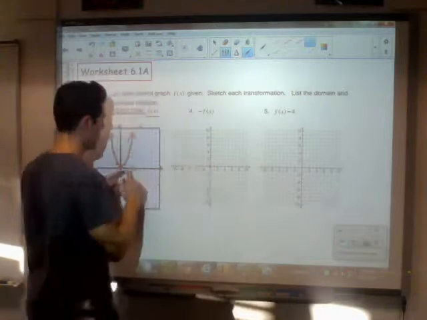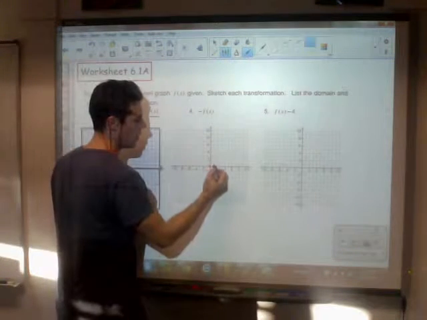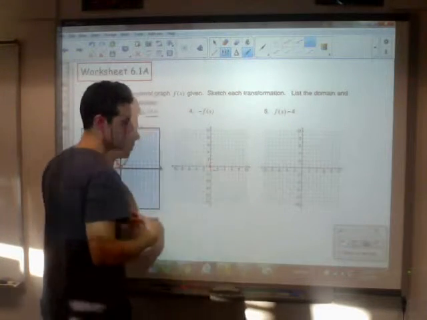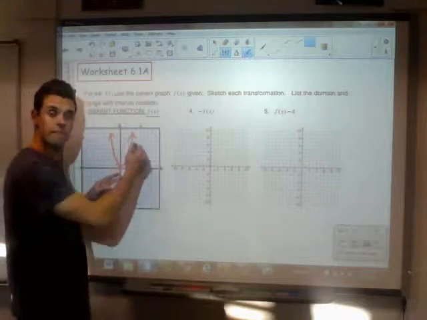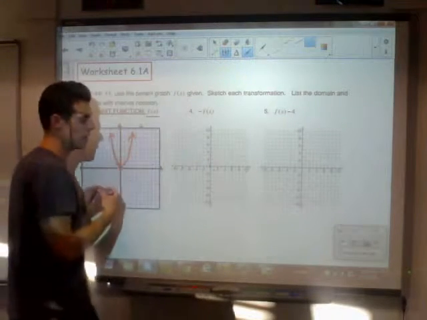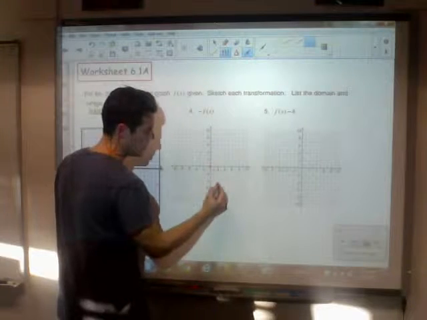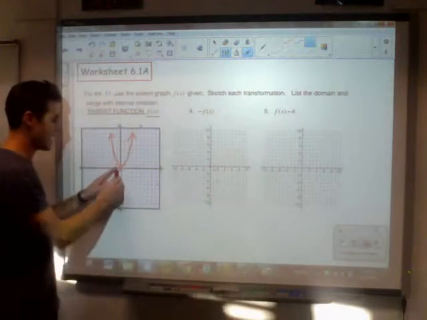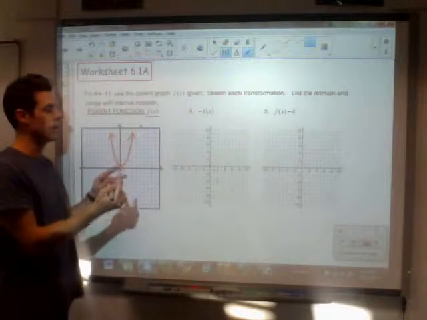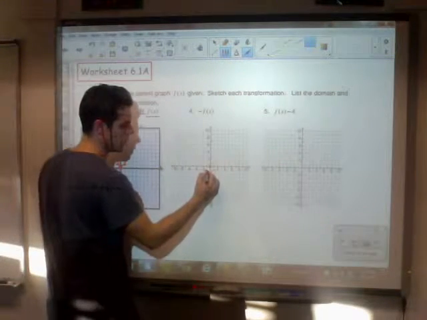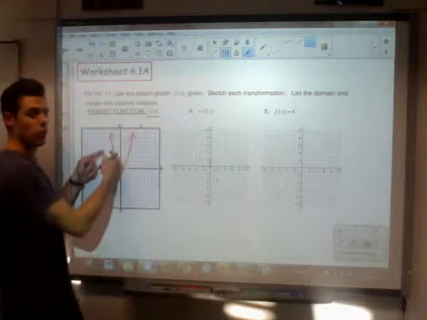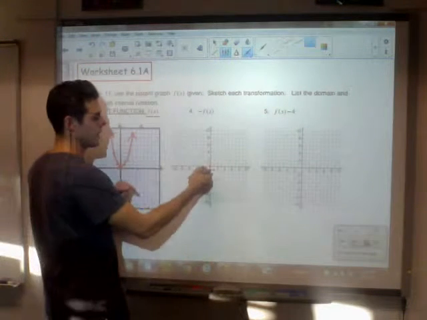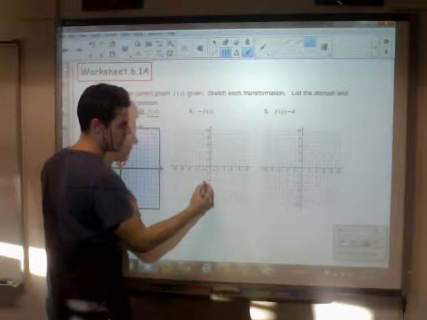What used to be at 2, positive 4 is now at 2, negative 4. What used to be at negative 1, 1 is now at negative 1, negative 1. And negative 2, 4 is now negative 2, negative 4.